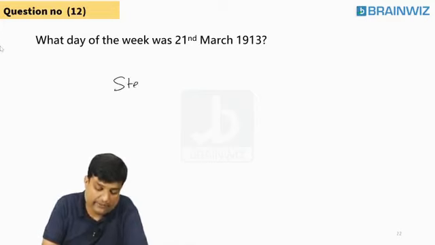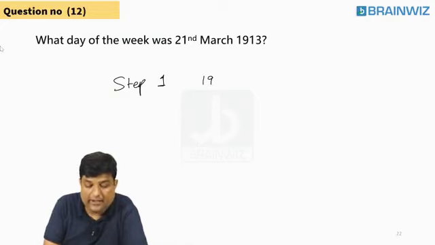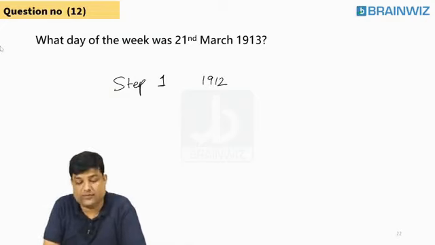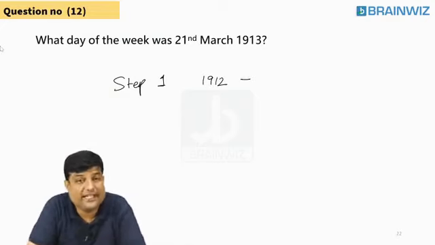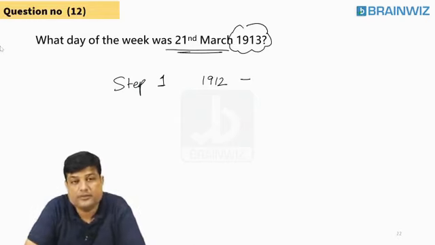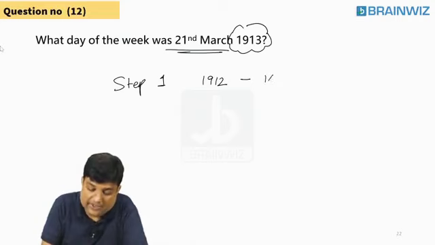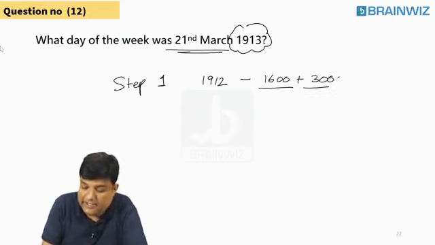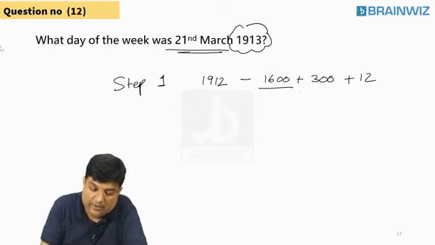Step 1. 1912 years are successfully completed. How many years, students? 1912. I am not taking 1913 because currently it's going on. So what we can do, students, here 1600 plus 300 years, that is totally 1900 years, plus extra how many years? 12 years.